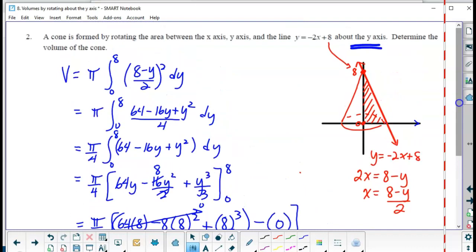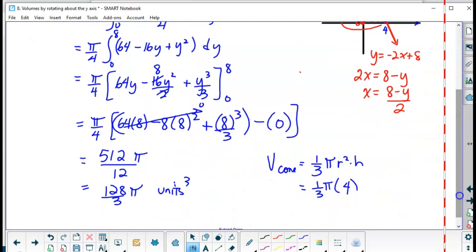So when y is 0, x would be 4. So that would be 4 squared times the height, which is 8. And simplifying that is 128 over 3 pi. So in this case, it forms a very common shape that we know the formula for. The next one, for example, doesn't, so you can't just check it that way.